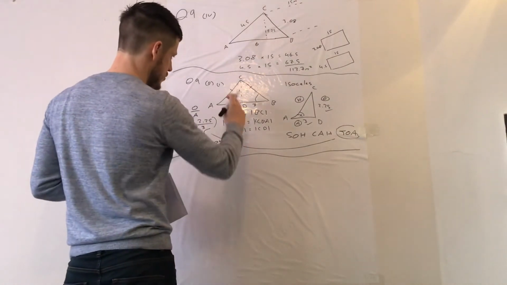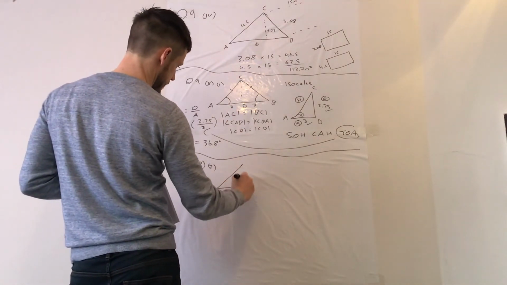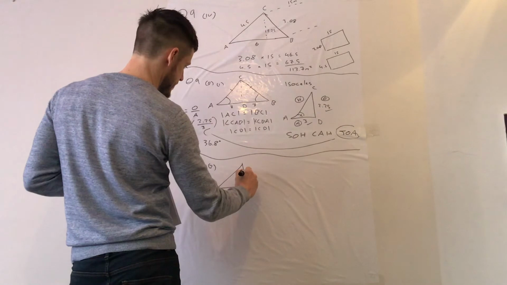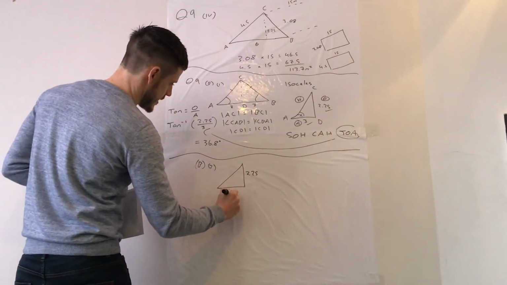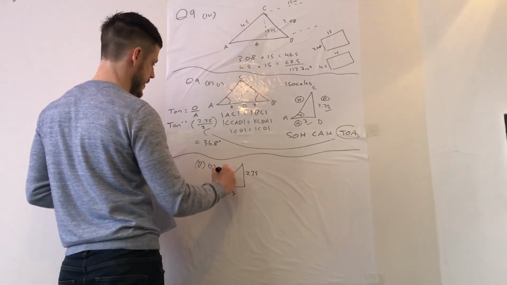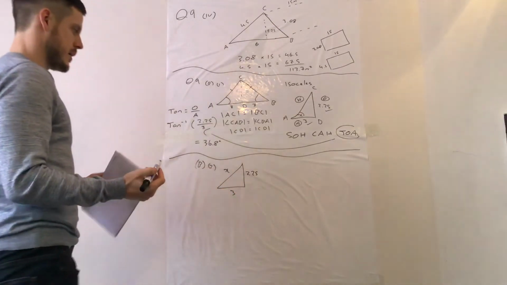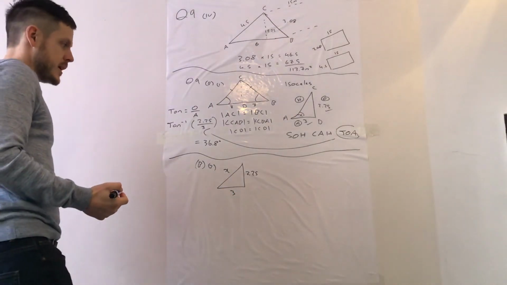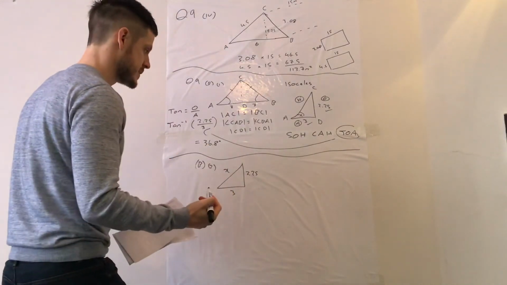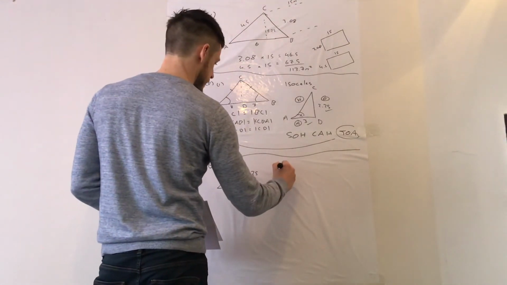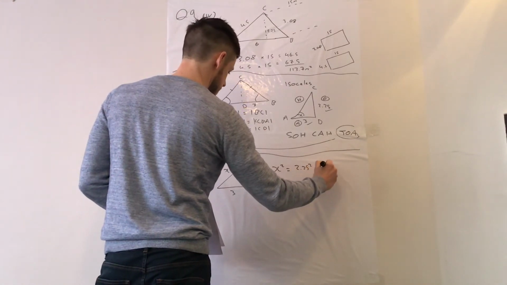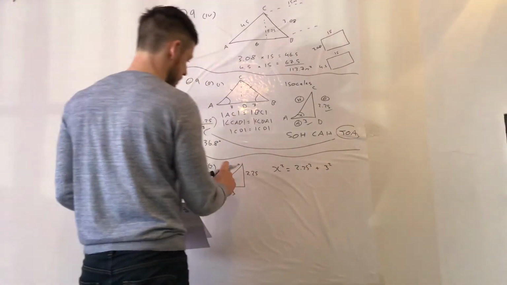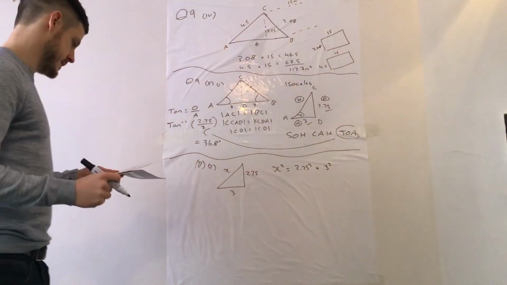So let's just draw out one of these triangles again. This one here, this is 2.25, this is 3 here. I need to get this slant height here, I'm going to call it x. Because I have a right angle triangle and I'm given two sides, I can straight away start using Pythagoras on this. So I know that x squared is equal to 2.25 squared plus 3 squared. The big side squared is equal to the other two sides squared, added together.